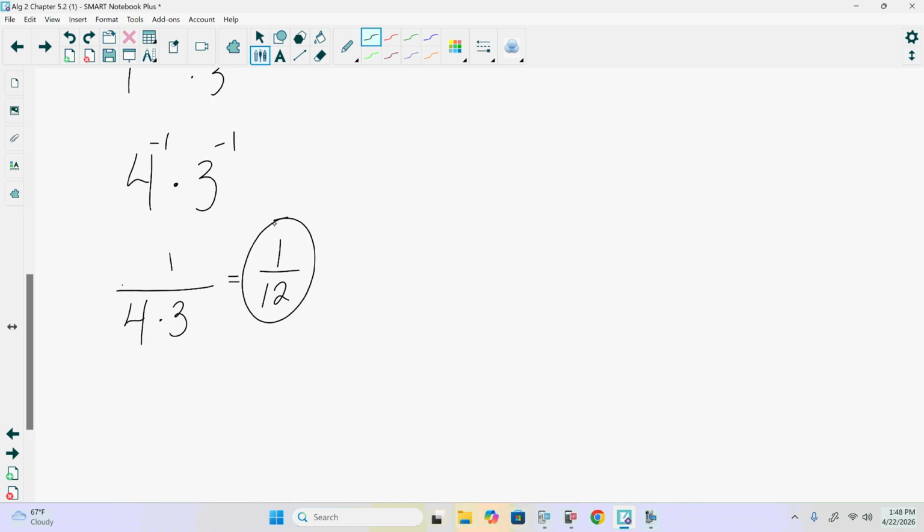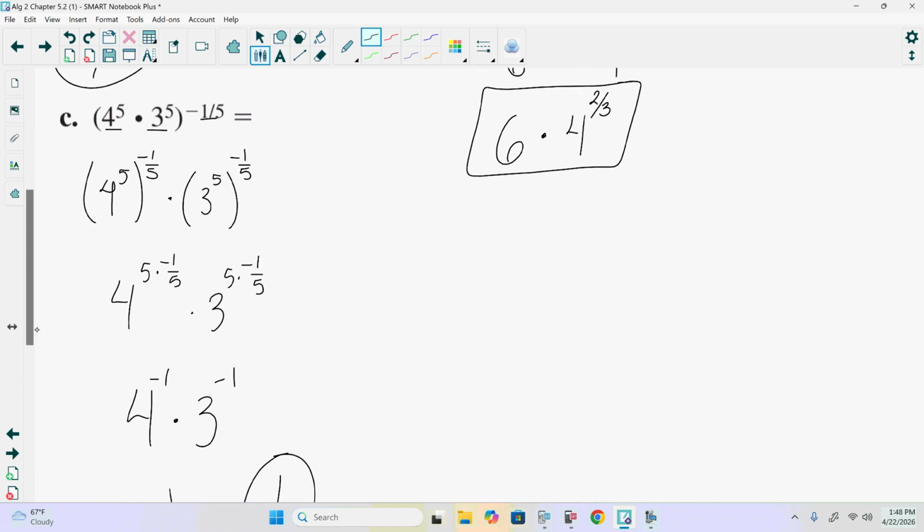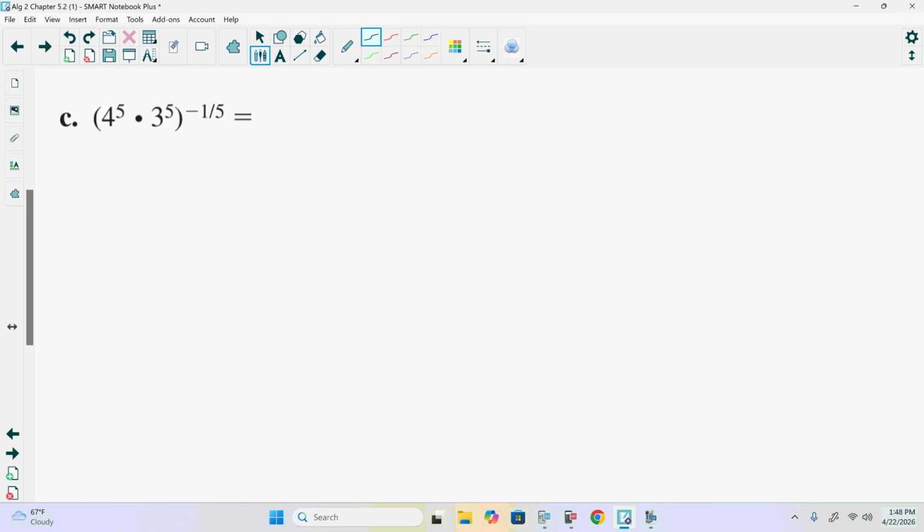Questions on what we did here? Now, I did say that there was multiple ways we can do these, yes? Interestingly enough with this here, the 3 and 5 are both to the 5th power, yes? According to our power of a product, if I have two things multiplied together, both to the same exponent, I can apply that exponent to both terms, yes?